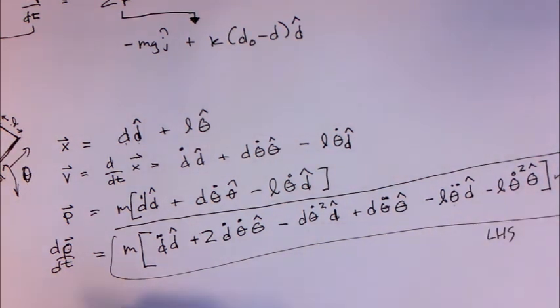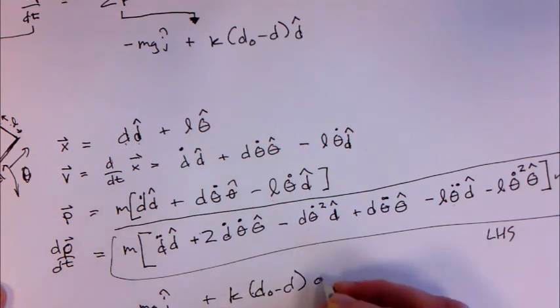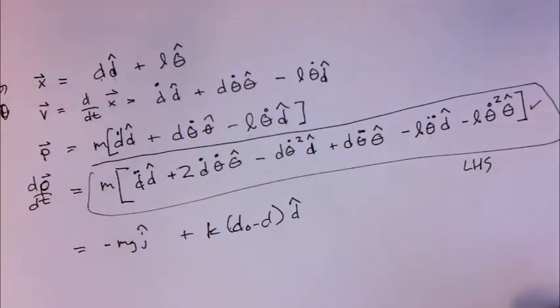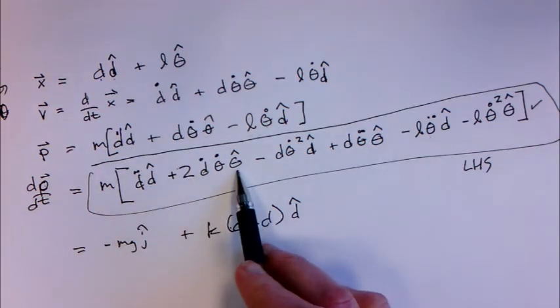That has to be equal to the right-hand side of my equation of motion, which is minus mg times j hat plus k times d naught minus d times d hat. Now I get to the point where I need to make all of my vector choices consistent. On the left-hand side, I've got d hats and theta hats running around.